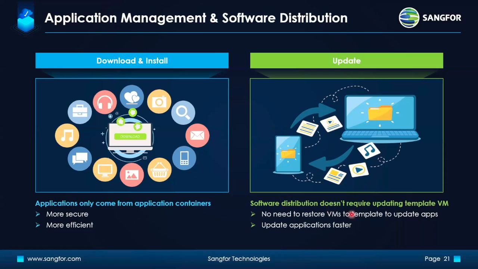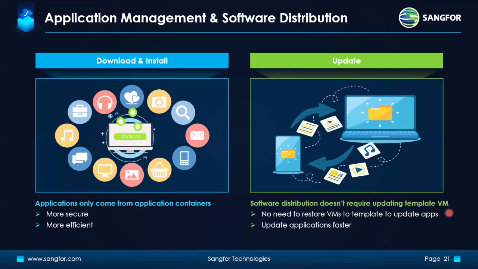So software distribution does not require updating the template of the VM. As I mentioned, you first create a template. In that template, you already have pre-installed the applications which are required by the user. Let's suppose in future some of those users require an application.